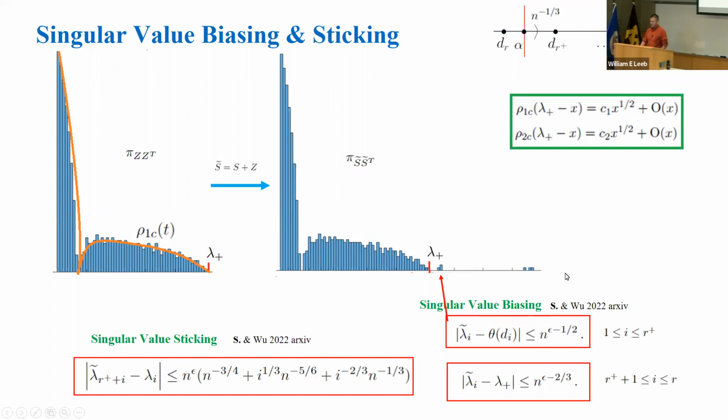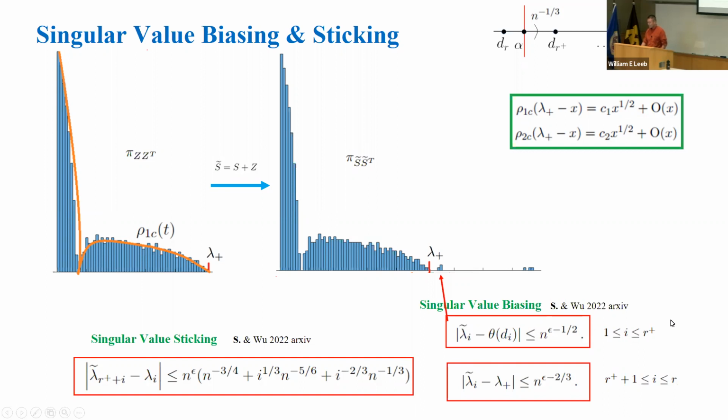But previous works only had almost sure convergence. Now we provide a convergence rate, which is N to the minus 1 over 2 with high probability, described by this epsilon.